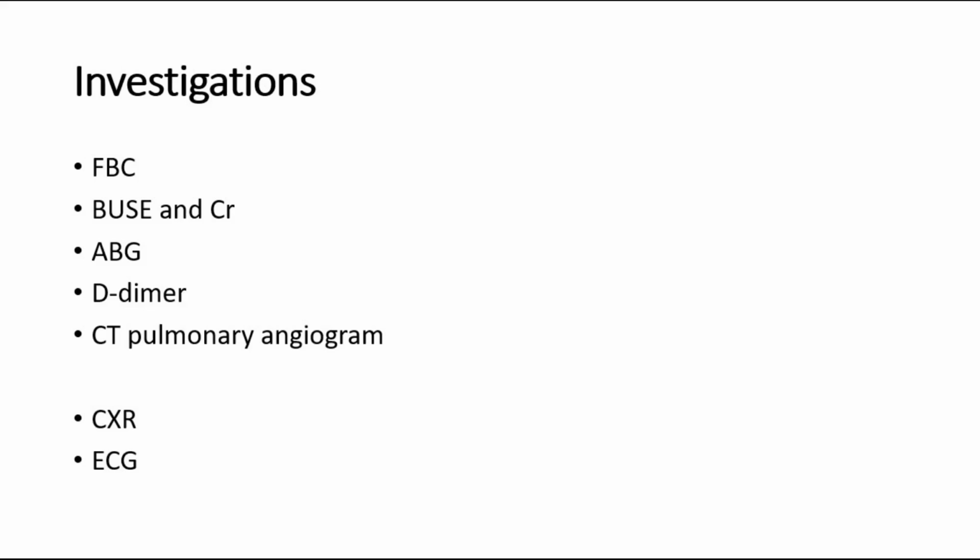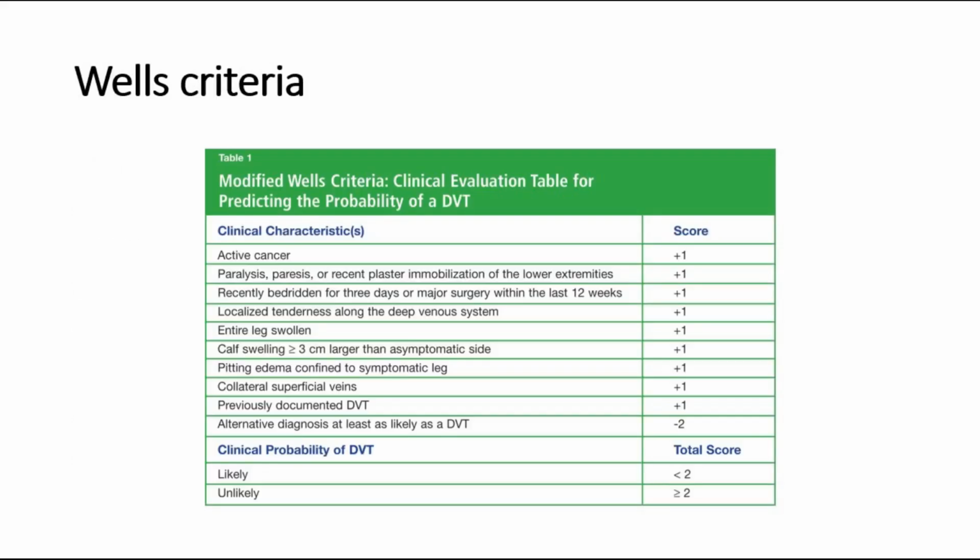So moving on to this Wells criteria, which I've mentioned just now, it is a clinical scoring system to predict the probability of a deep vein thrombosis, which is one of the causes of pulmonary embolism.